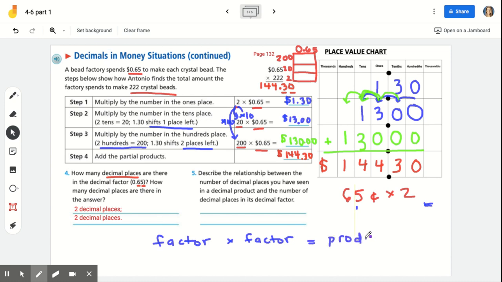And with all 3 of these money situations, we have been multiplying a number times a number in which we're dealing with money. So one of these factors has always included decimal place values. And what we've been working with specifically from a money point of view is one factor having 2 decimal places.